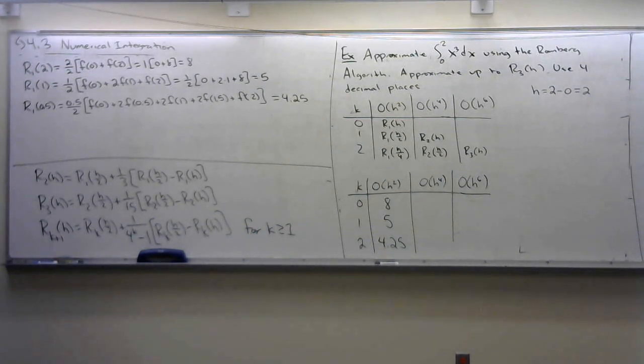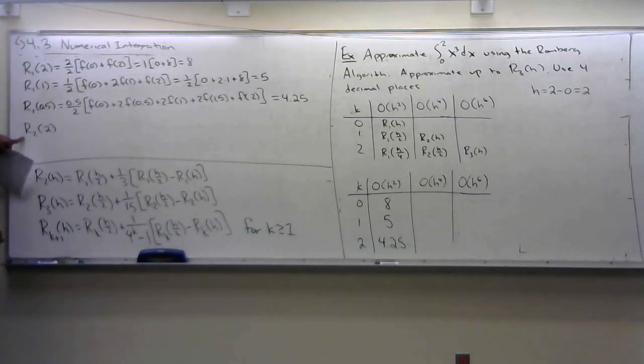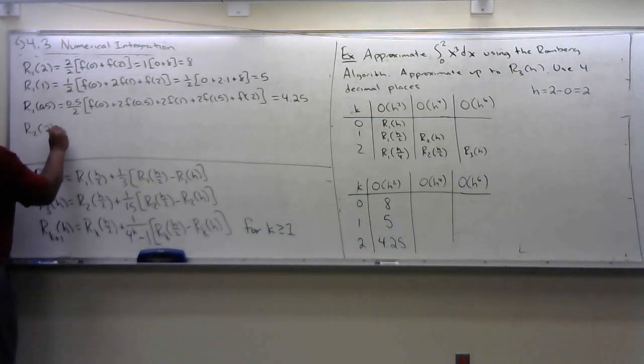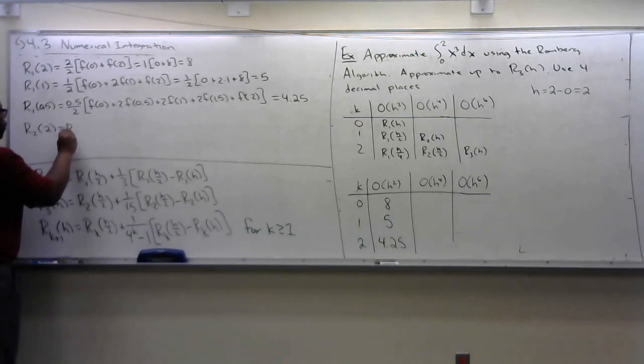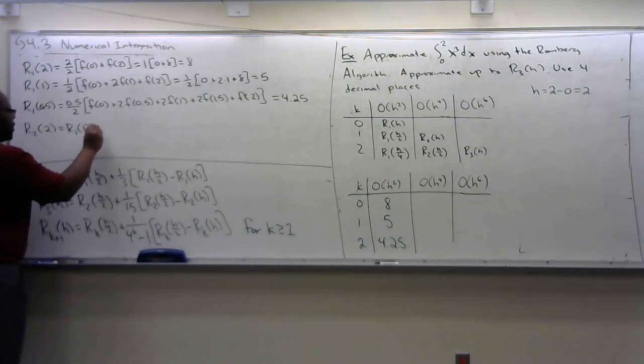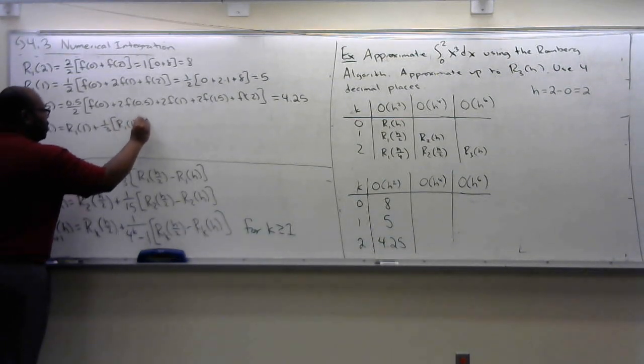Now that we have the first column done, we can use those values to compute the second and the third. So R sub 2 of 2. You guys keep track. This is going to be my h. It's going to be equal to, looking at this, R sub 1 of 1 plus 1/3 times the quantity R sub 1 of 1 minus R sub 1 of 2.